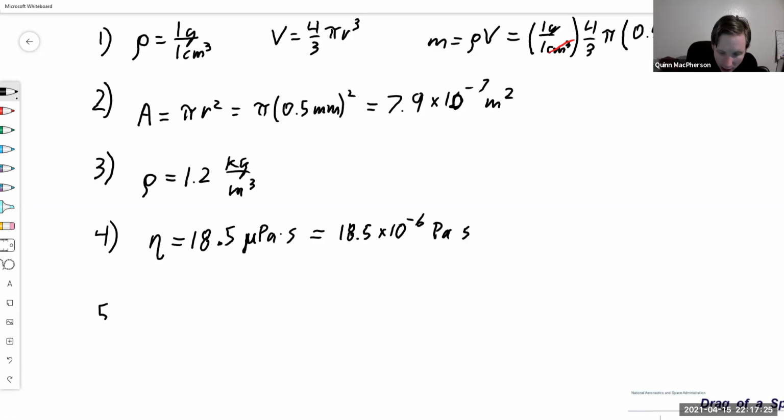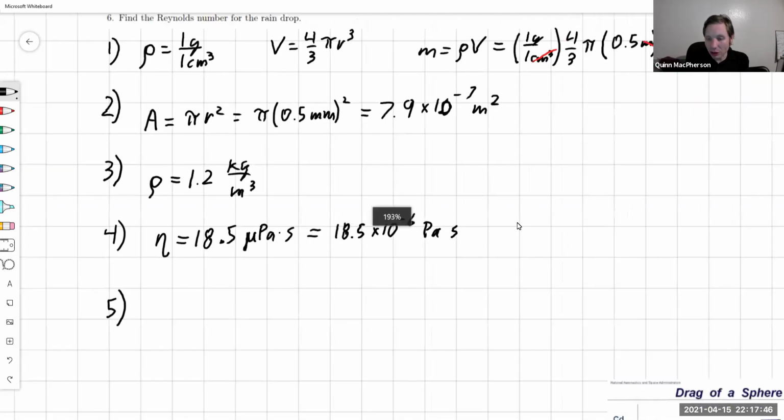Okay, number 5. Now we come to the tricky part. This is where we use terminal velocity. In class, we derived that to find terminal velocity, you cancel out the drag force upward with gravity downward. There were two types of drag.